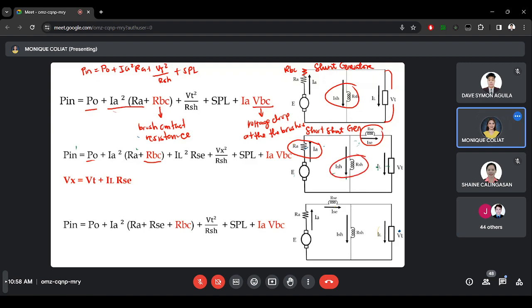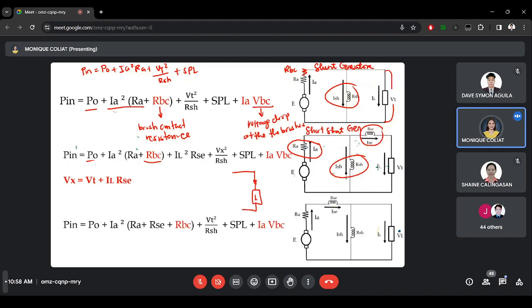Next, we have this plus factor, Vx squared over RSH. Why Vx, not VT? Because the terminal voltage is not equal with the voltage here in RSH, or the voltage drop naman yan, because there is a resistance here. They are not parallel anymore. So you have to get the equivalent voltage, plus this factor.